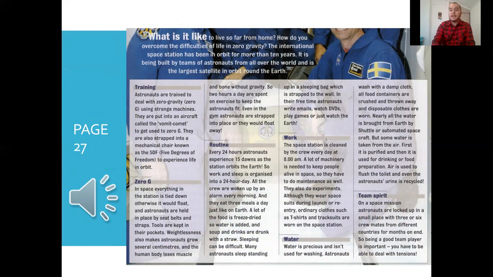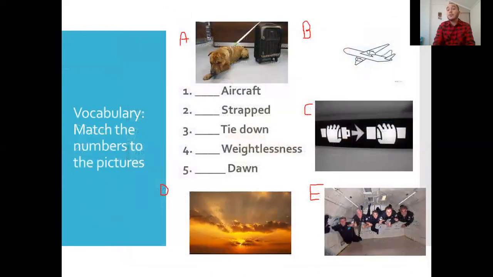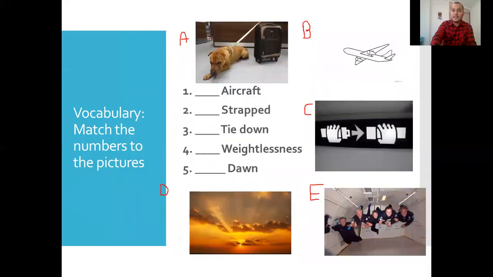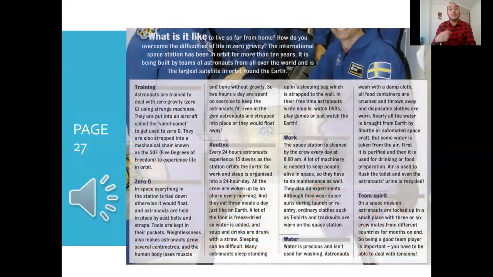Once you finish with that activity, you are going to match the numbers to the pictures, okay? So there are in total 10 words. Use dictionaries, use the ones on the websites, wordreference.com, that one that we normally use. And also you can find these words in the text and look for clues if you didn't understand the meanings in Spanish, okay?